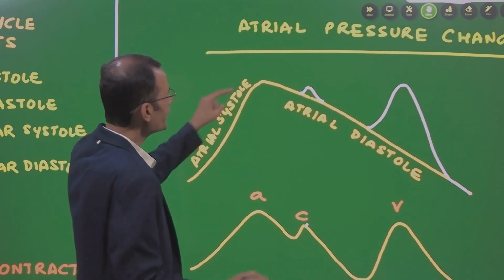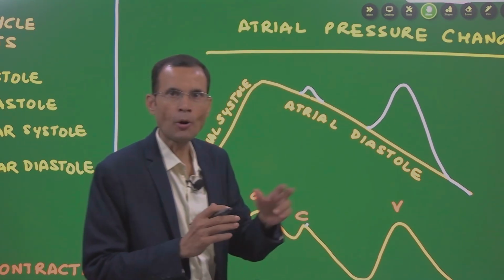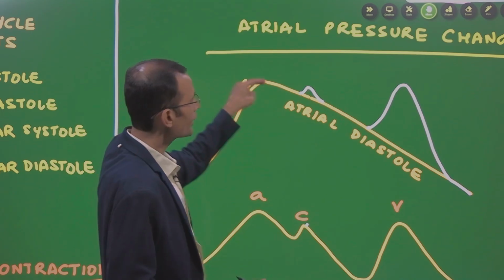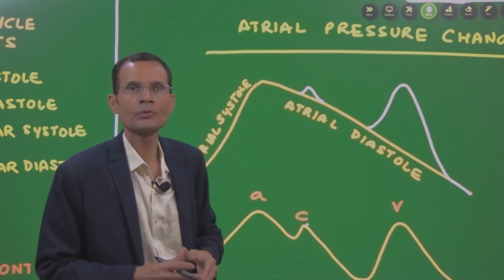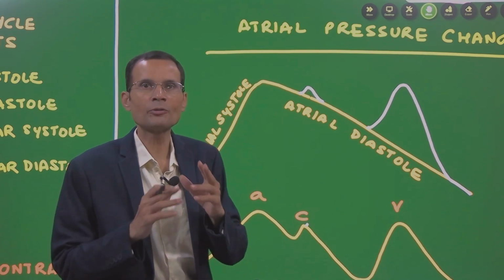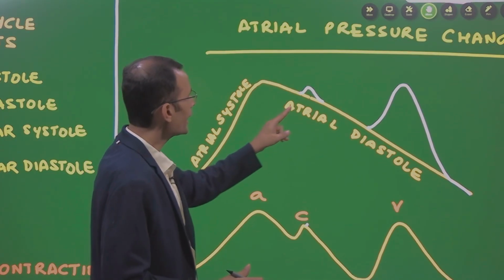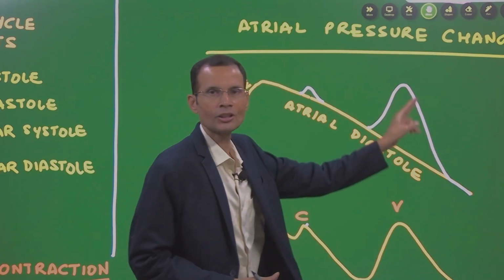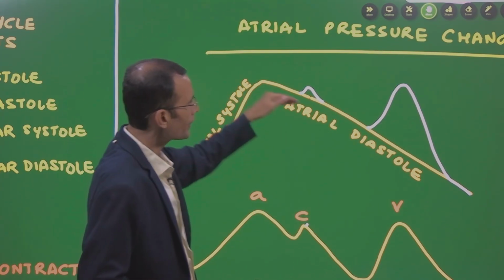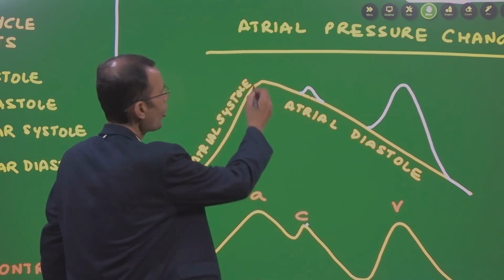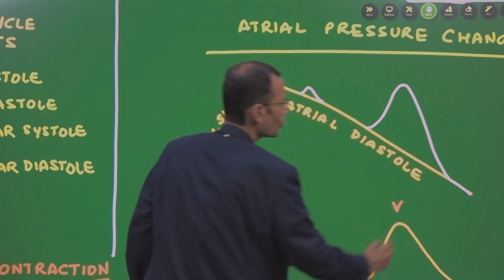Now during the atrial diastole, that 0.7 seconds when the atrial pressure is falling, two events in the right ventricle cause rise of pressure again. Atrial pressure is falling, all this time there is atrial diastole.